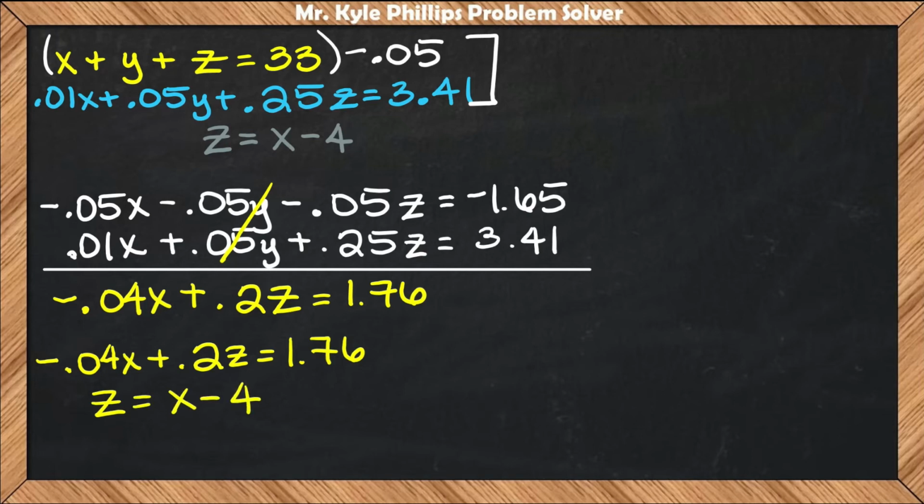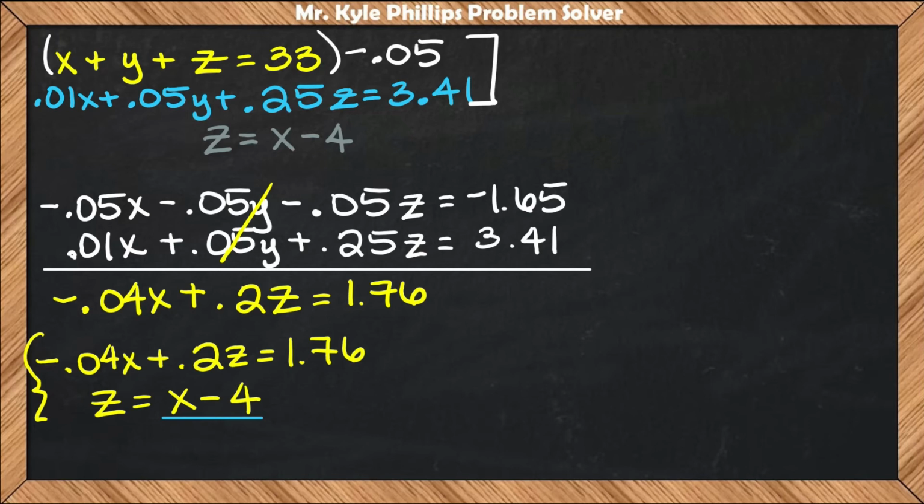Okay? Now, working with this, if this were our new system, we could easily use substitution. Because we already know the value of z. We could just take x minus 4 and substitute that in for z in this equation. So that would look like this.